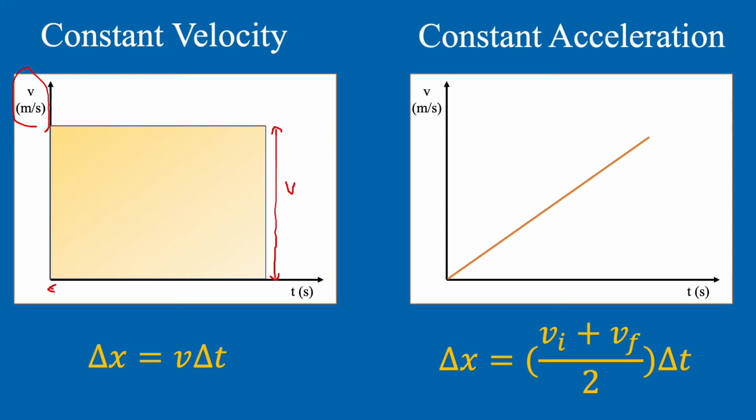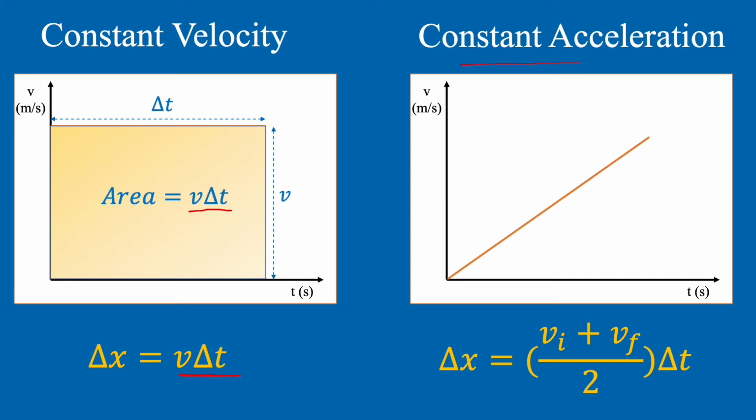Then the width of the graph is the total time that the graph is looking at. So that's a rectangle with dimensions of velocity times time. So the area of that graph is velocity times time, which is also equal to the displacement.